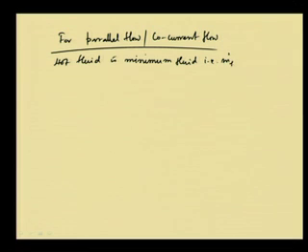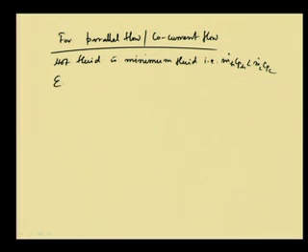For parallel and co-current flow, there are two cases, that the hot fluid is the minimum fluid. That means m dot h into Cph is less than m dot c into Cpc. Okay. Then what will happen?